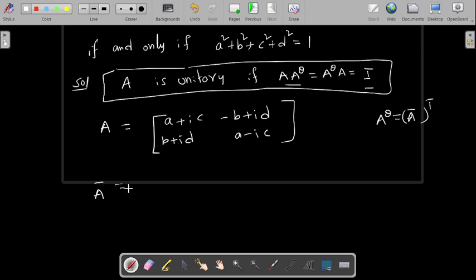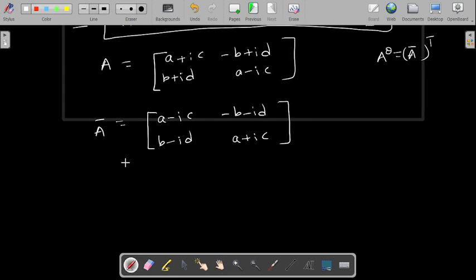So A conjugate equal to A plus iC conjugate, A minus iC, next minus B minus iD, minus B plus iD conjugate, B plus iD conjugate, B minus iD, A minus iC conjugate, A plus iC.